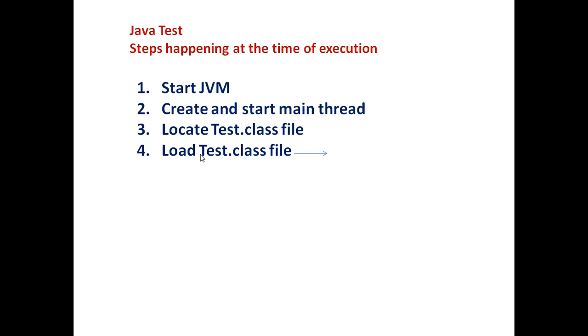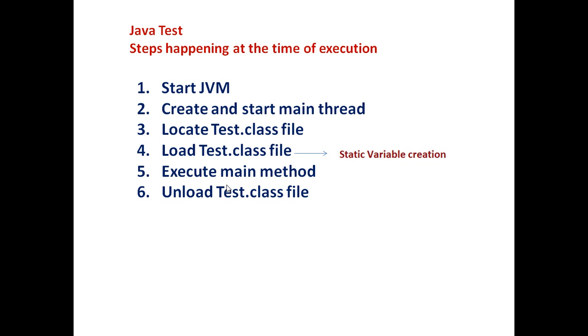As soon as the class is loaded, these static variables are also created. So this is the point where static variables are created. After static variables are created, the main method is executed, and after completion of the main method, the Test.class file is unloaded. As soon as Test.class is unloaded, static variables are also destroyed at this point. Then the main thread will stop and the JVM will shut down.